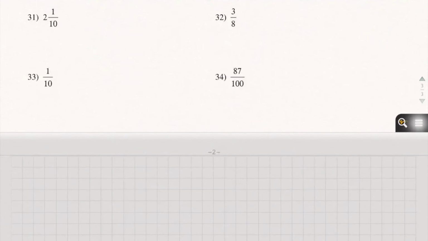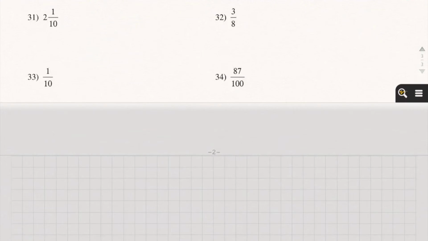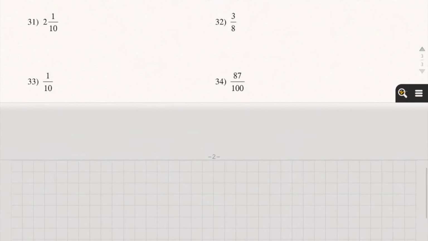Number 31. This one, there's two different ways we can solve it. We can do the 1/10 portion, convert that to a decimal, and then convert that to a percent, and then add that onto the 2, or we can do the whole thing at one time. I'm going to do both ways. So let's start with just dealing with that 1/10. We'll leave the 2 on the outside and deal with this 1/10.